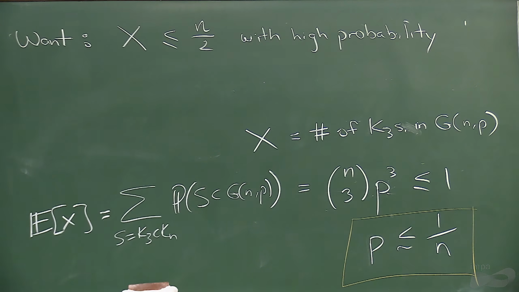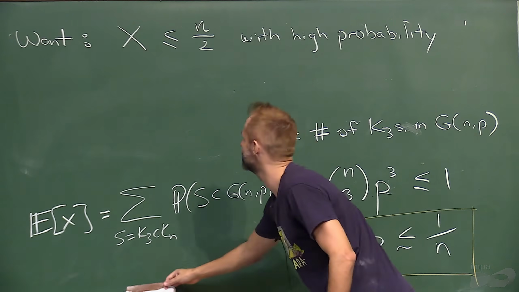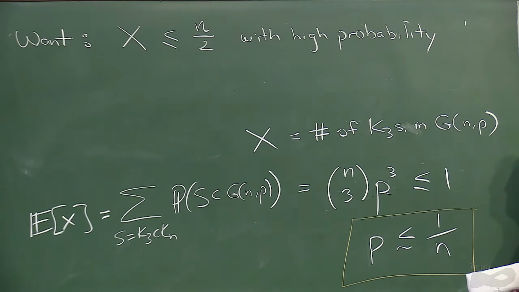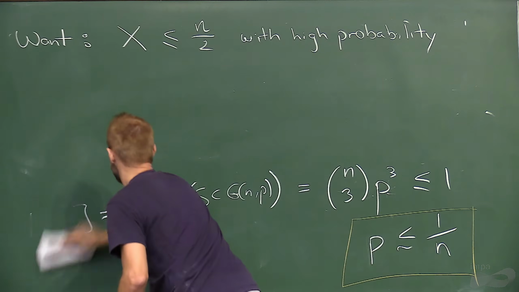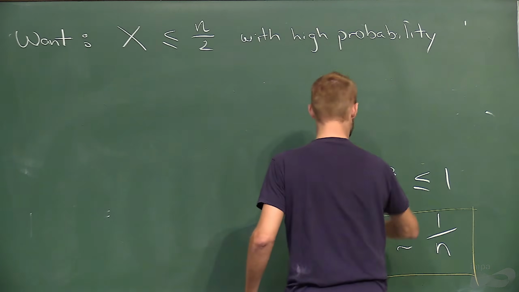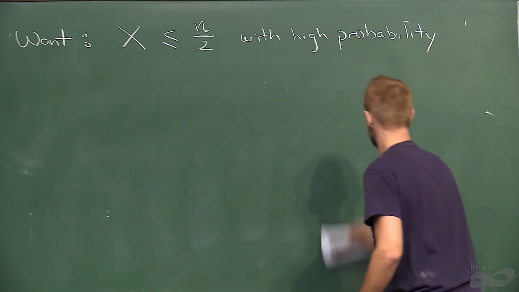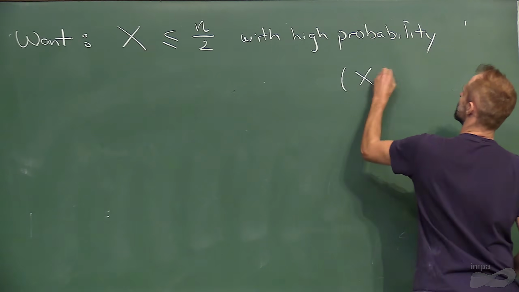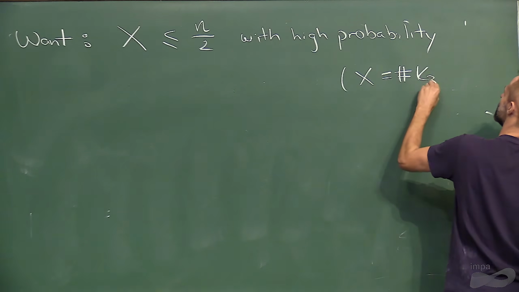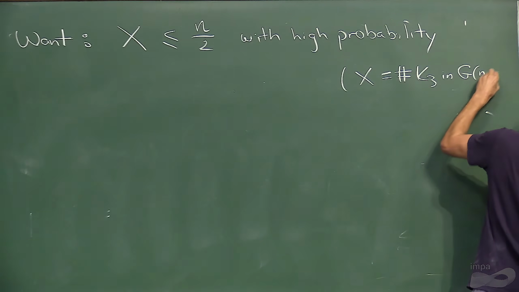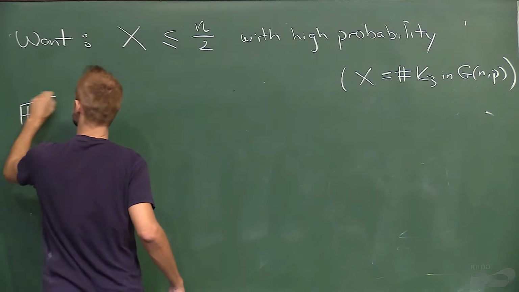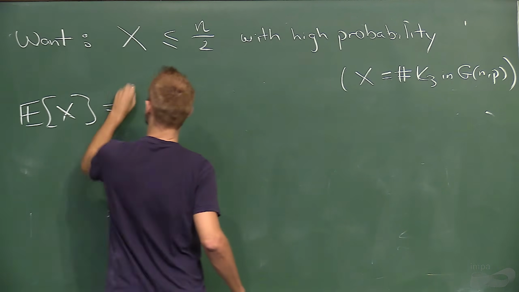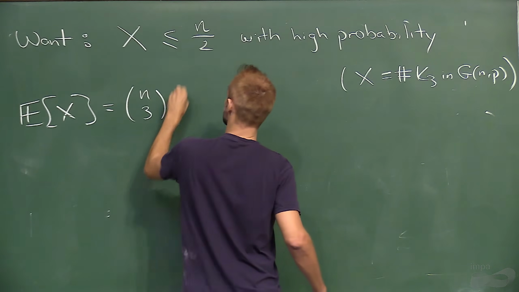Let me write this up here. Expectation of X is n choose 3 times p cubed.